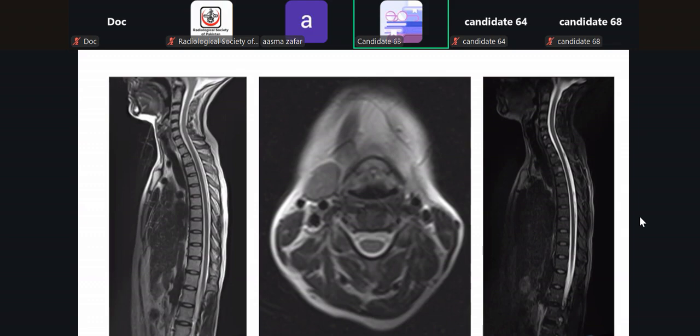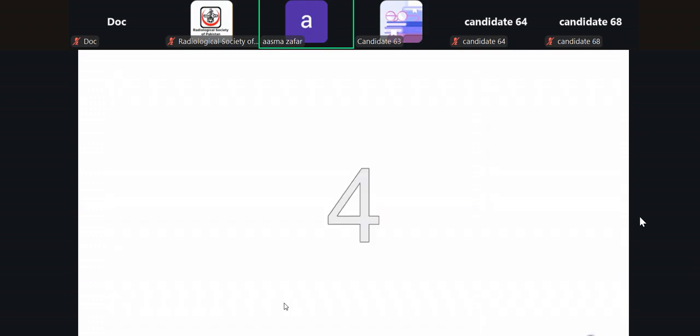No hyperintense signal is seen in the spine. Okay, spine was normal volume. And no other lesion seen. Okay.